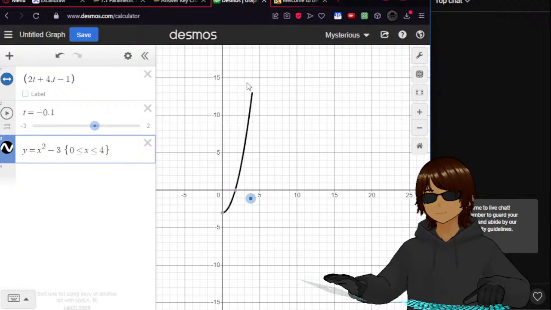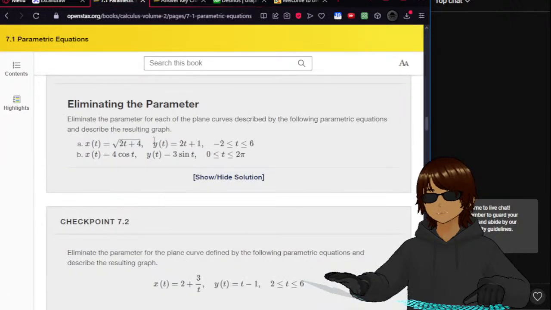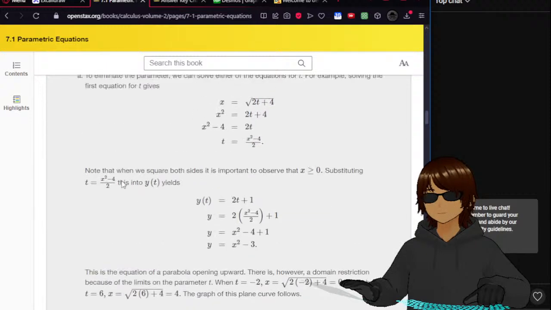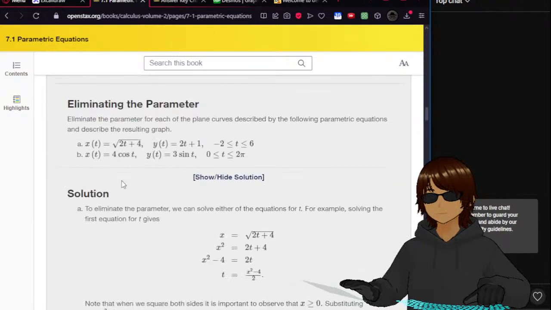Okay. This is the graph I got. What about the next one? We are left with 3 sine arc cosine x over 4.